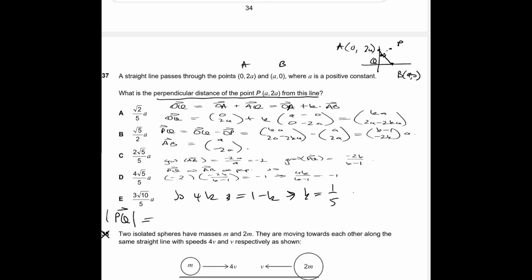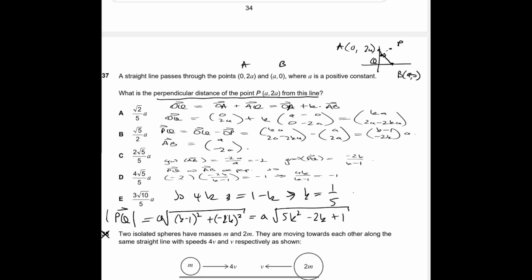That makes it a times the root of k minus 1 squared plus minus 2k squared, which is going to be a times the root of 5k squared minus 2k plus 1.